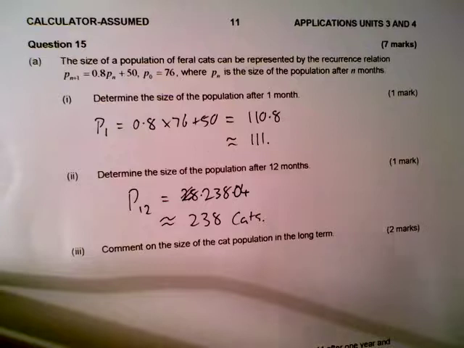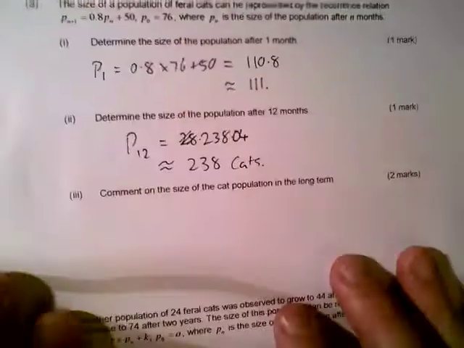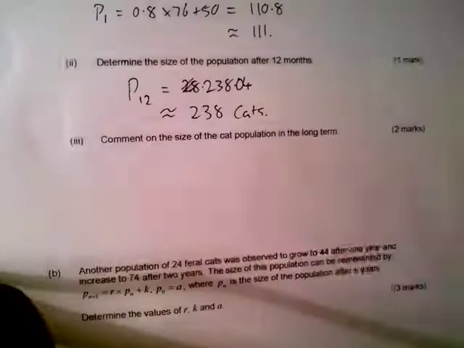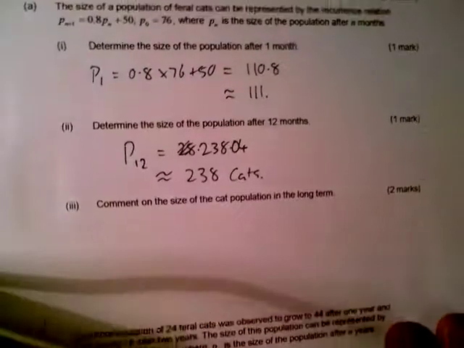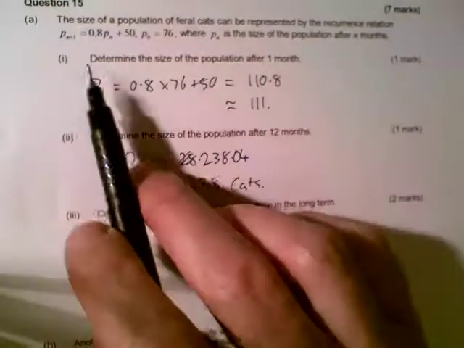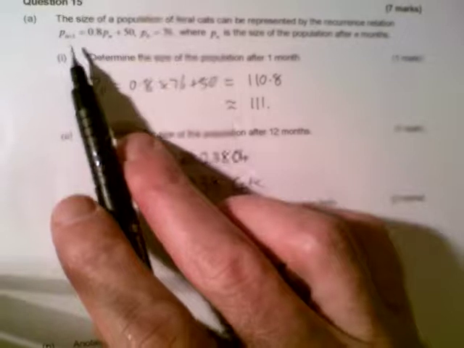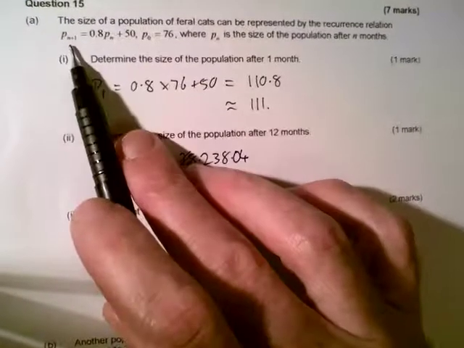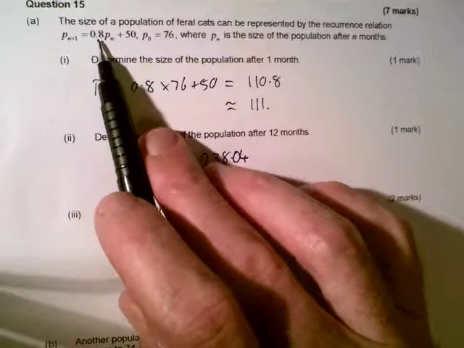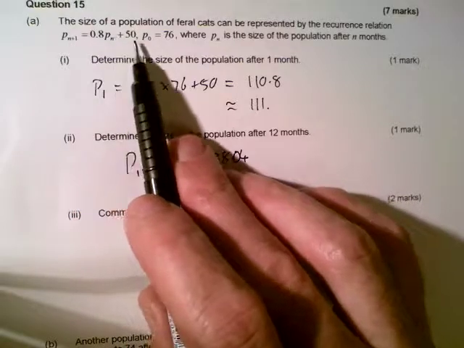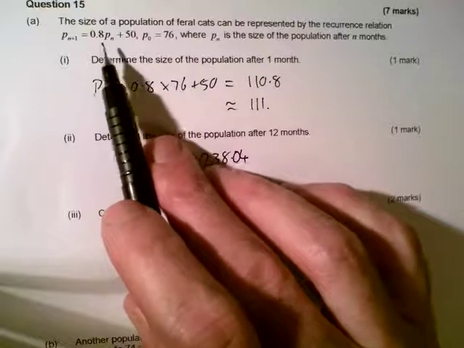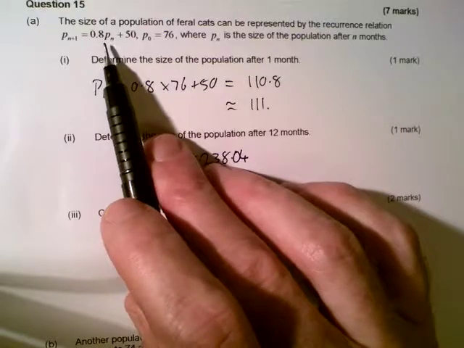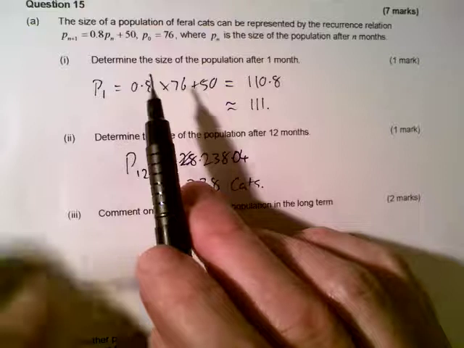Now, comment on the size of the cat population in the long term. If we're looking at the actual recurrence relation here, we can see that each term, it's the previous term times by 0.8 and also 50 added on. So just by a quick glance at it, we're not sure whether the population is going to be increasing or decreasing.